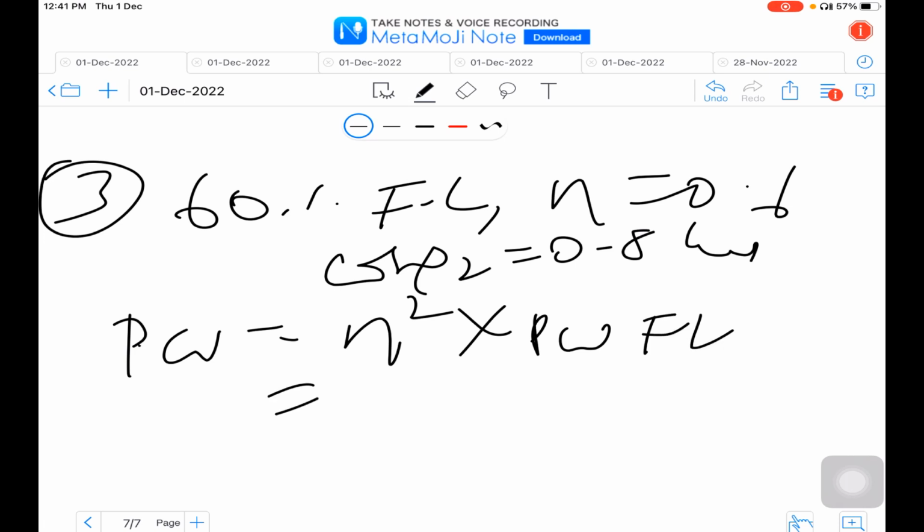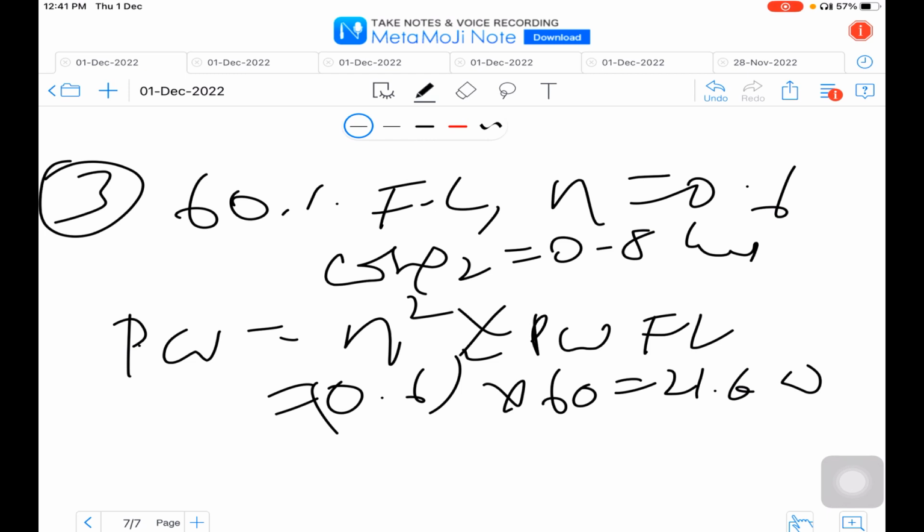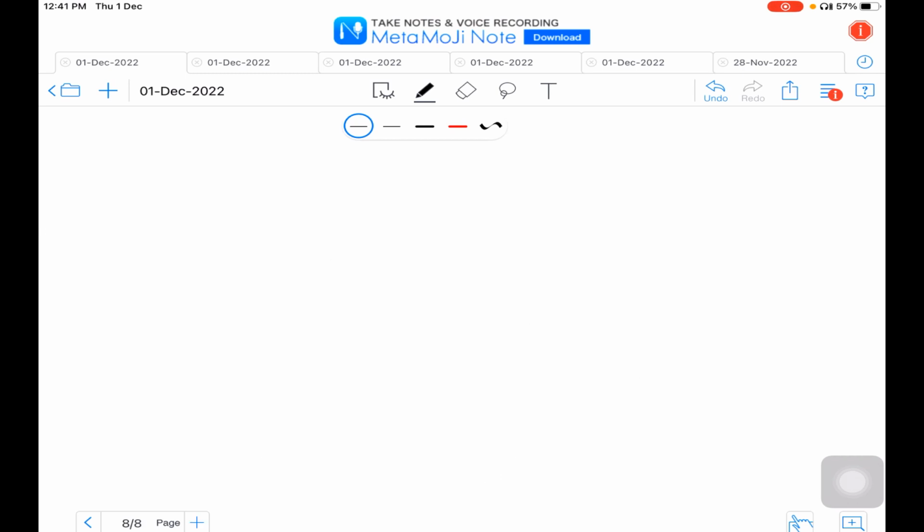We have to consider 0.6 square because it is 60%, into the full load value 60. So we will get 21.6 watts. Substituting this value in the percentage efficiency formula, we will get 97.103.